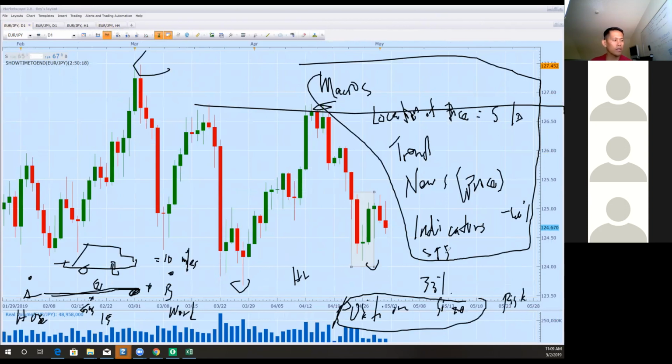So in other words, if I know, for argument's sake, this one is a royal flush trade for me, then I will put the maximum risk that I would be able to risk in terms of my capital. My rule is 10%.